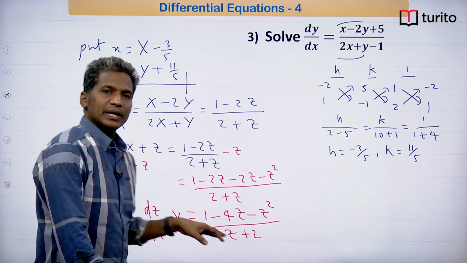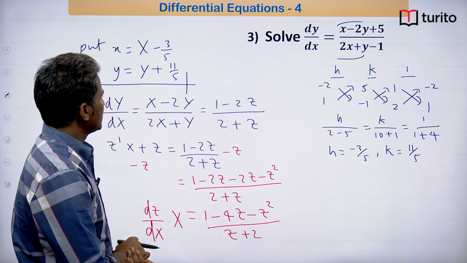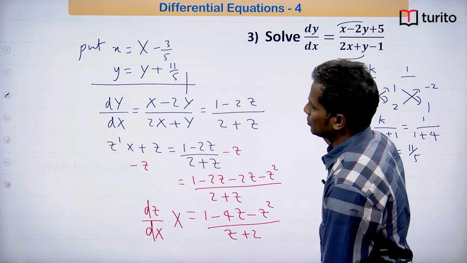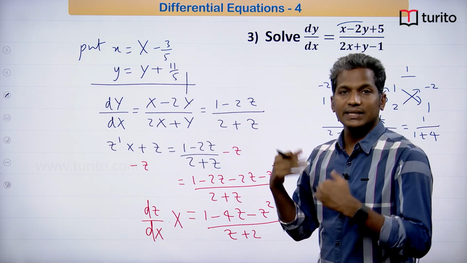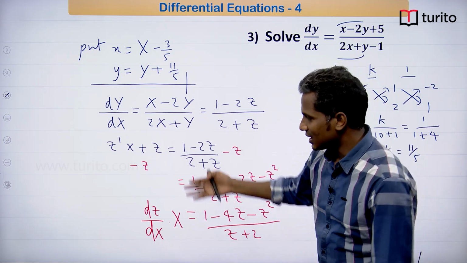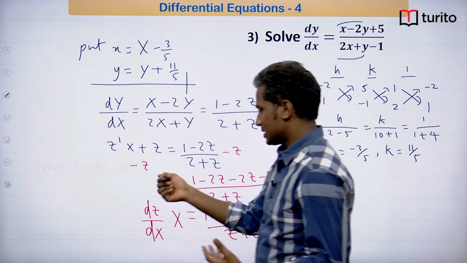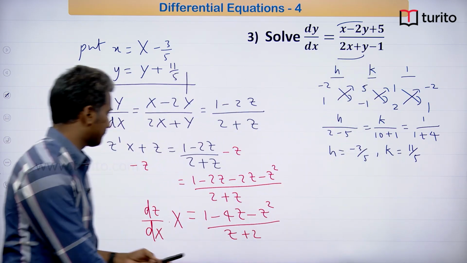So now apply the variable separable form. As you have seen, the conversion step is also not that tough, it is easy, but the main toughness starts the moment you start writing this equation. So now let's separate the variables.